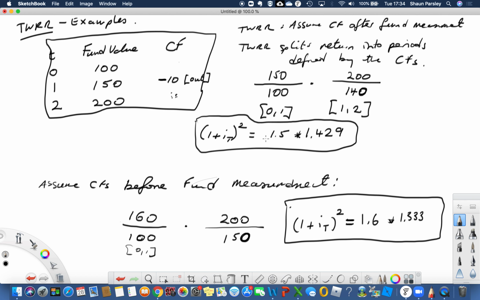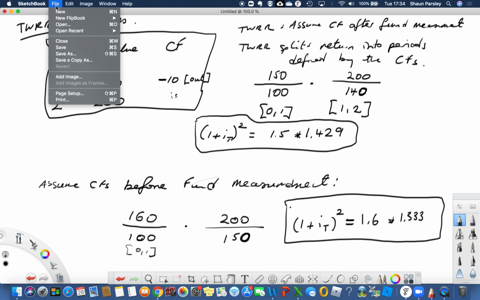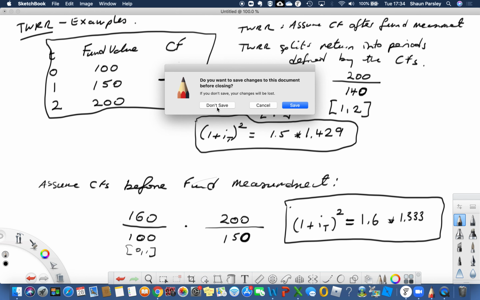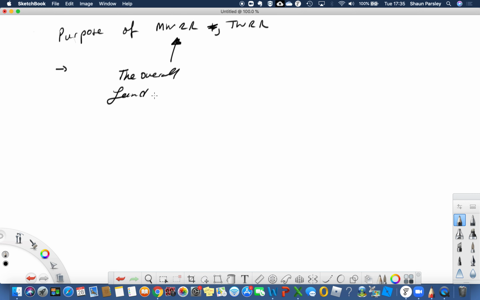I just wanted to go on to a couple of other things, so I'm going to go on to another page. The purpose of MWRR and TWRR. The MWRR tells us about the overall fund performance.